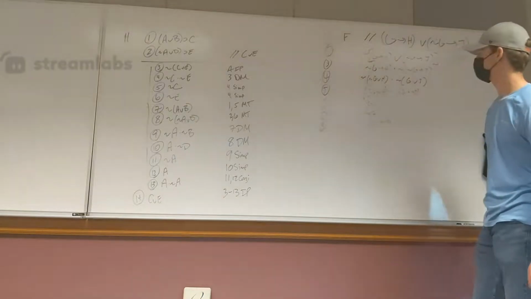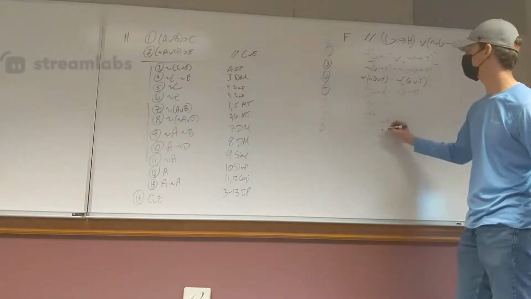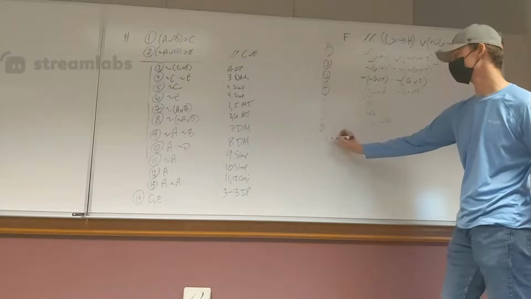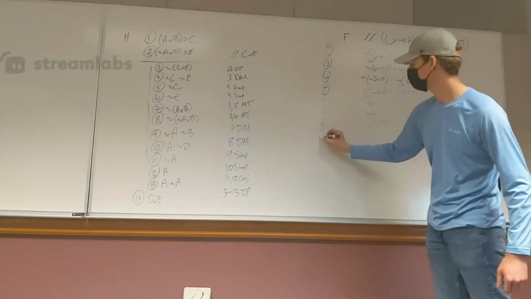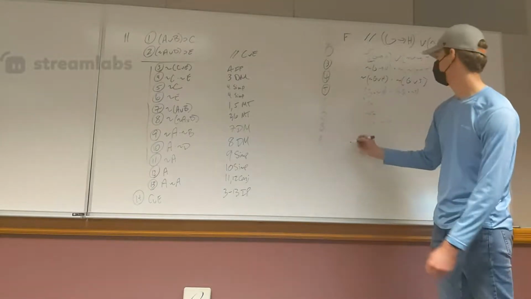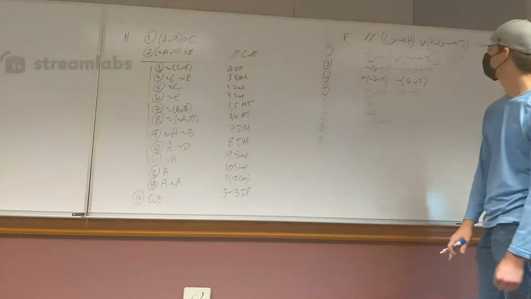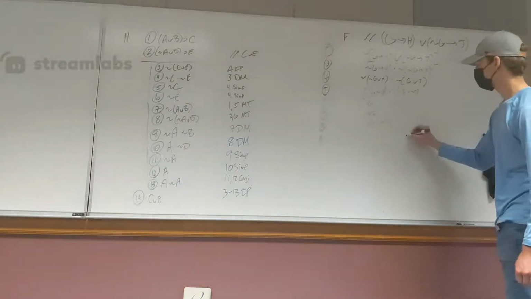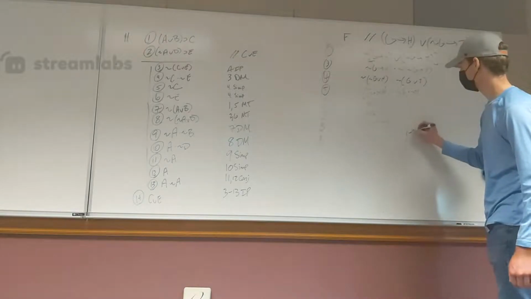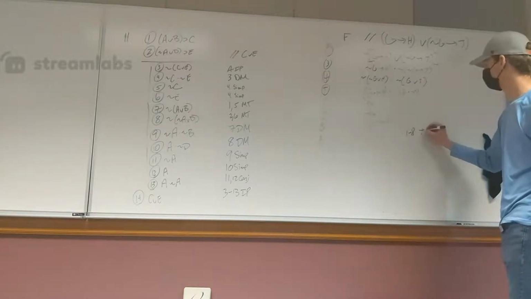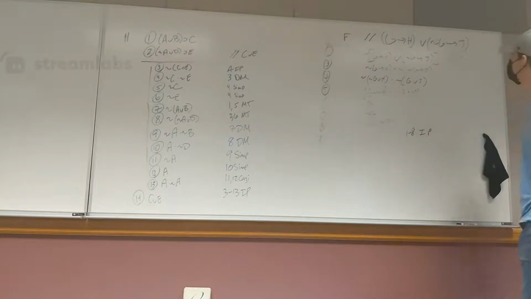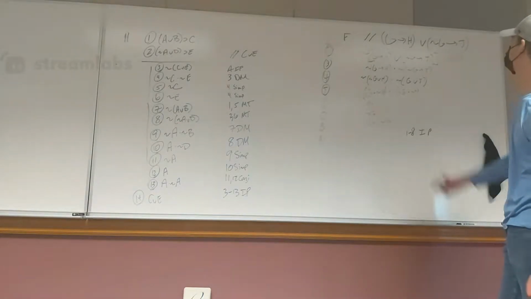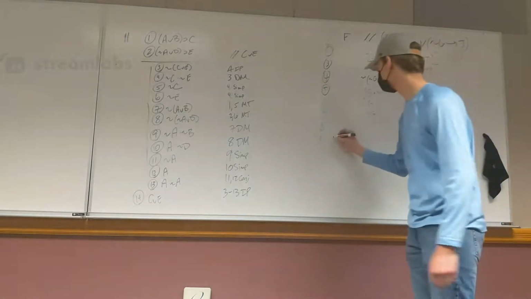And then you close out your indirect proof. So I would just start writing over here basically. Yeah, you just start right over there. You close that out and you just say, well, from 1 through 8 IP, we know the conclusion is true, so you just state the entire conclusion.